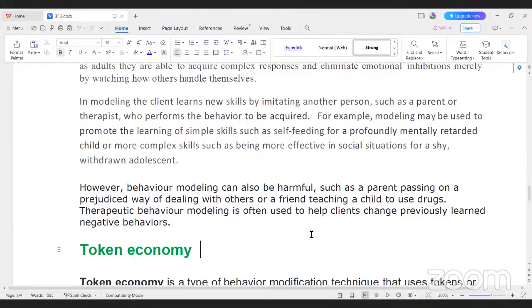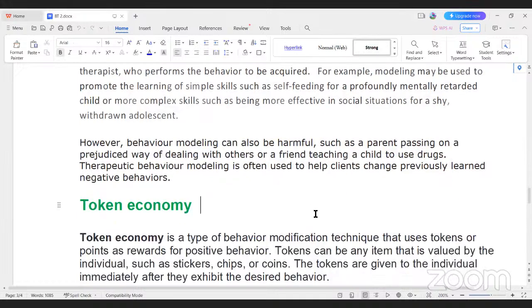So in society, we are seeing this modeling, particularly teenagers and young children using drugs just by observing others, following others and imitating others. So this behavior is also happening. So not only positive things, there are some negative aspects of behavior modeling also. So we are discussing that one.